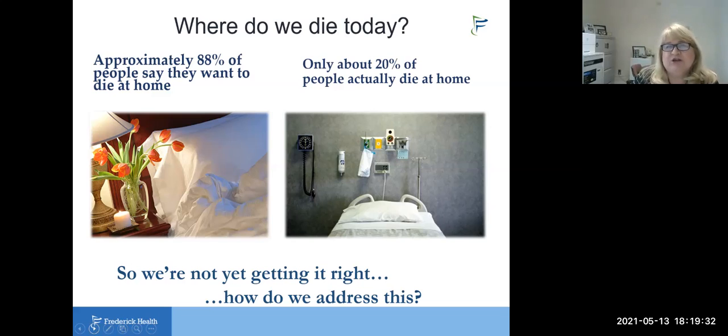And the Conversation Project has done studies that show that 95% of Americans say they would be willing to talk about their end-of-life wishes, and 53% said that they would even feel relieved if somebody asked them about their end-of-life wishes. So a lot of people aren't bringing it up, but it sounds like a lot of people want to talk about it; there's just not a lot of discussion. And approximately 88% of people say they want to die at home, but only about 20% of people actually die at home. So we're not really getting this quite right yet.